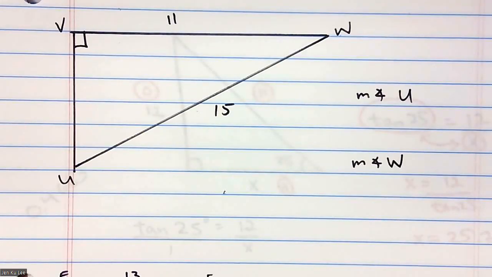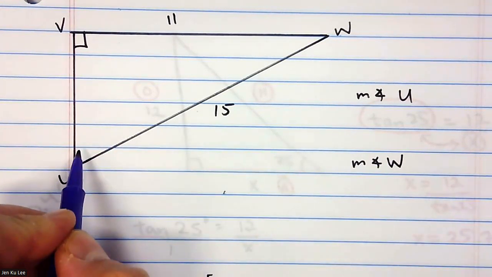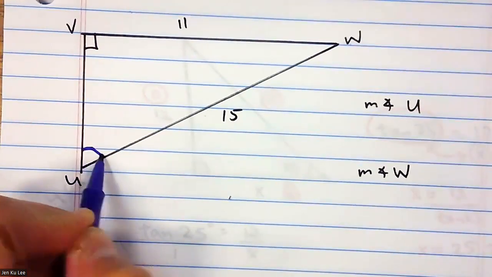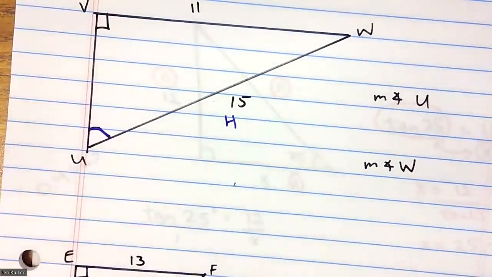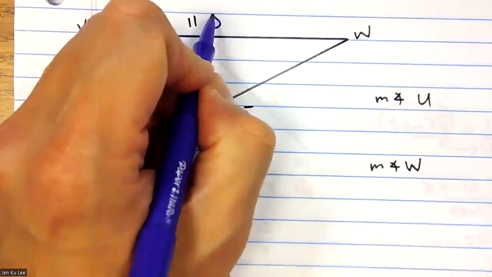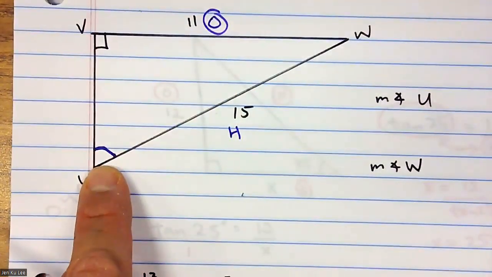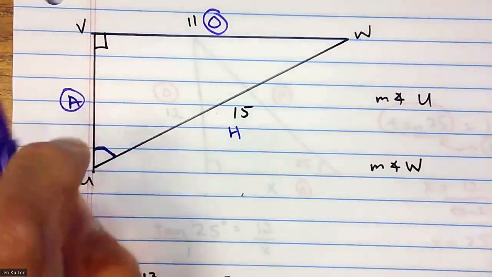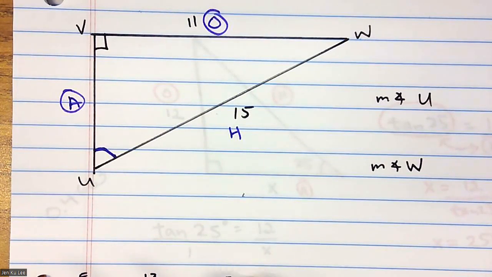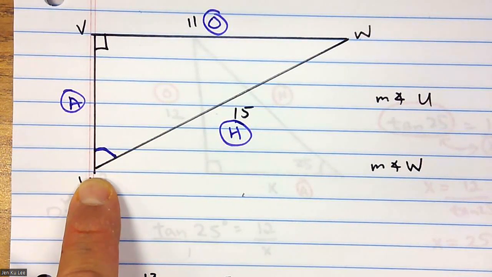So in this case, we're trying to figure out the measure of angle U and W, but we'll deal with W in a little bit. U is here. So this is my hypotenuse because it's opposite my 90-degree angle. This is my opposite because it's opposite the angle I'm looking from. And this is my adjacent, but I have no information there. So that's just practice. I want to figure out what angle U is.